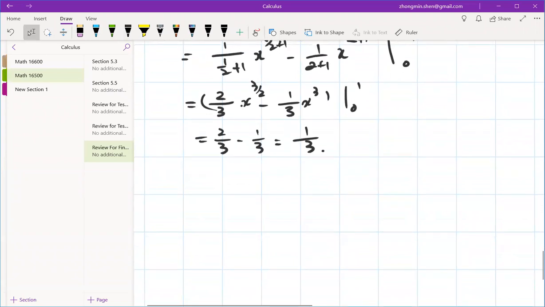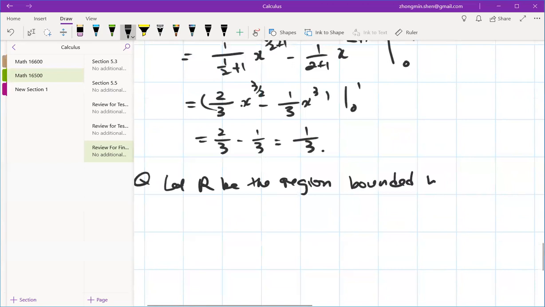My next question is, so R is bounded by this graph. Let R be the region bounded by y equals square root of x, y equals 1, and x equals 0.